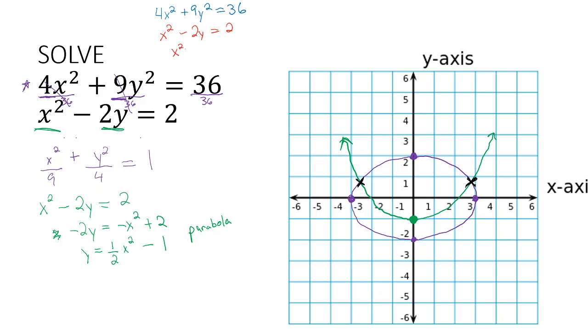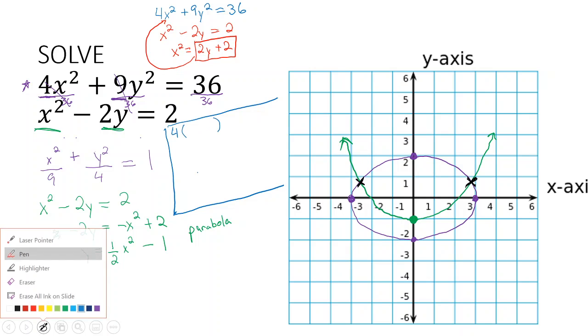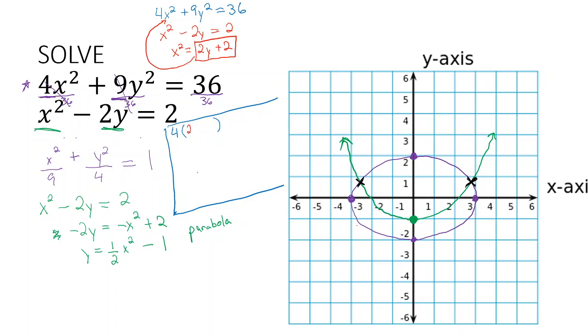That's x squared equals 2y plus 2. The reason I do that is because I'm going to substitute that in for x squared in my blue equation. So I'm going to continue my work right here in this box. I'm going to say that's 4 times, instead of x squared, I'm going to write what x squared equals: 2y plus 2.